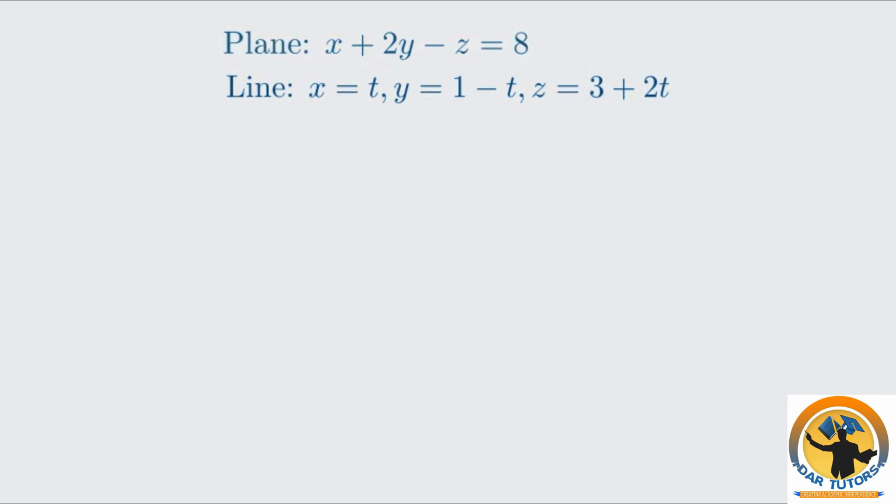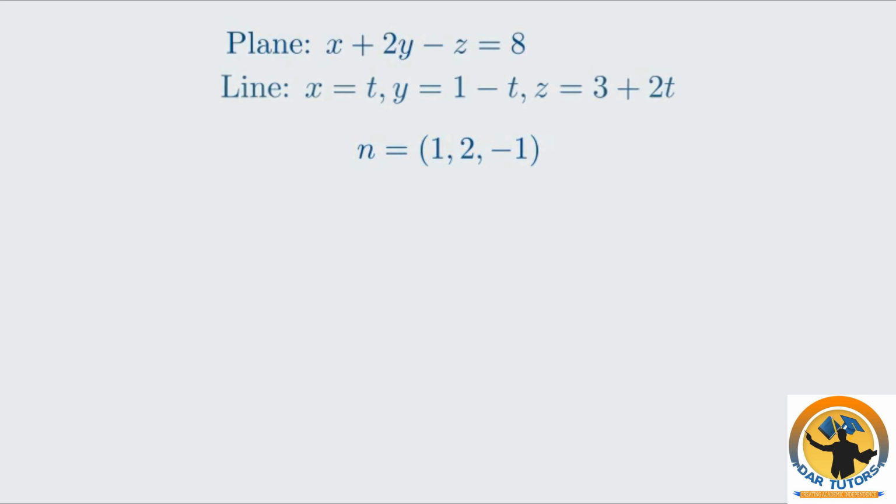For a plane in the form ax plus by plus cz equals d, the normal vector, n, is simply the vector of the coefficients of x, y, and z. So for our plane, the normal vector n is (1, 2, -1). For a line in parametric form, the direction vector, d, is the vector of the coefficients of the parameter t. Looking at our line equations, the direction vector, d, is (1, -1, 2).